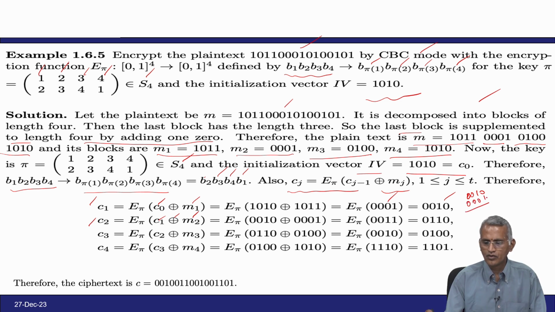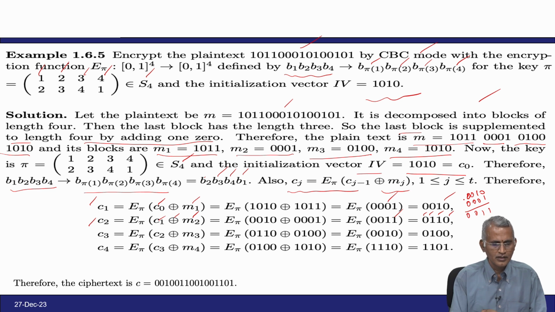Now you have to XOR, it becomes 0000. Then E_pi of 0000 is what? So this way we have to calculate the C2 value.